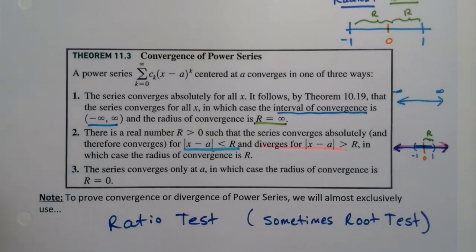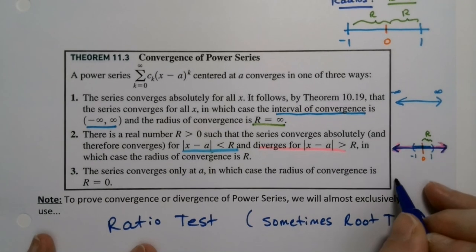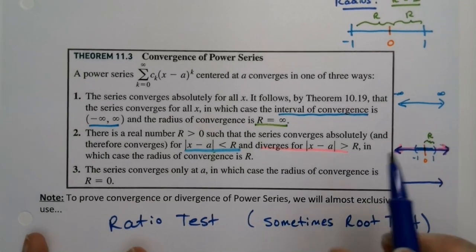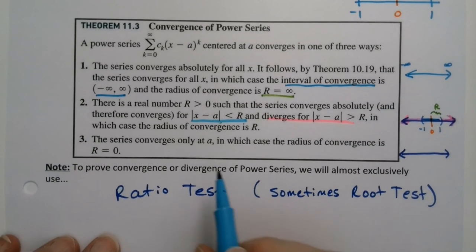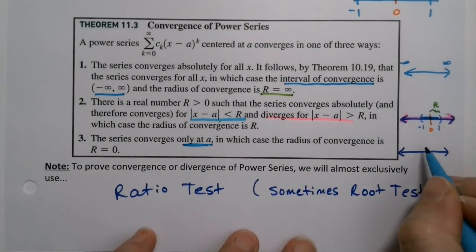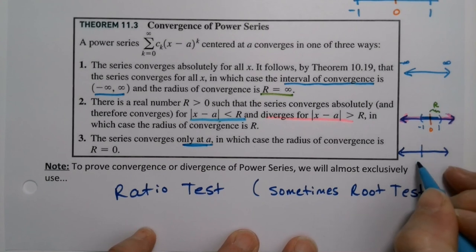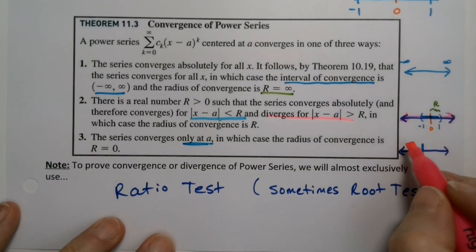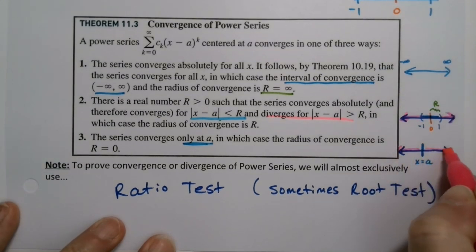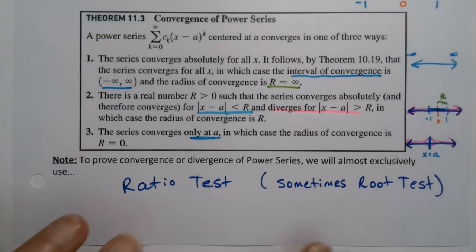And then the last case that's possible is that you converge only at one spot. You converge only at A, wherever A might be. So here it is, x equals A. That's the spot where you converge, and then you diverge everywhere else.